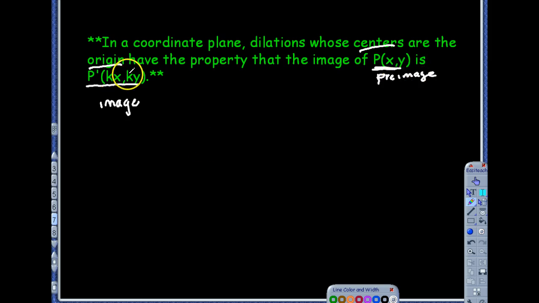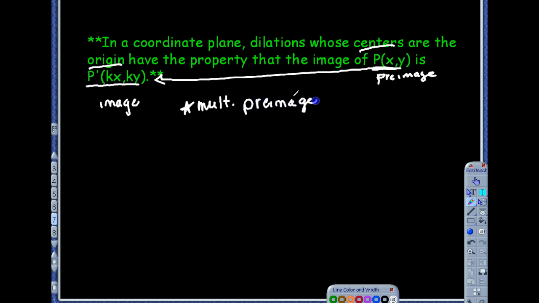Multiplied both the x and the y value by the scale factor. And the scale factor, of course, is what we use as k. So to get from here to here, you're just multiplying the pre-image, both coordinates, by the scale factor. So just maybe make a note of that. Multiply the pre-image coordinates, x and y, both of them, by the scale factor.